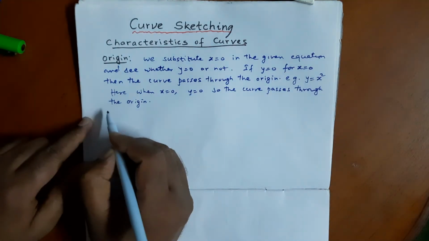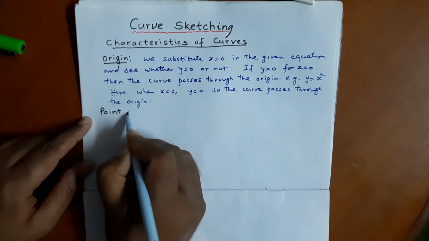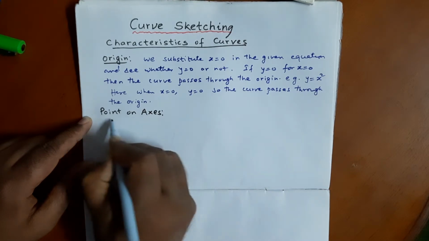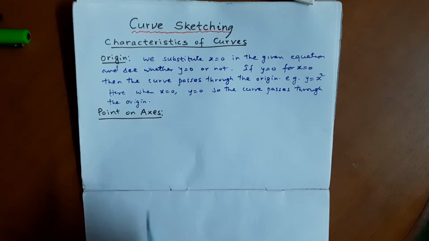Now next, that is the points on the axis, where the curve intersects the x-axis and y-axis. To know this, we see where the curve meets the axes of coordinates.